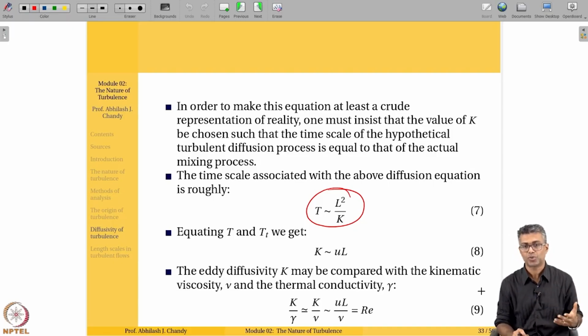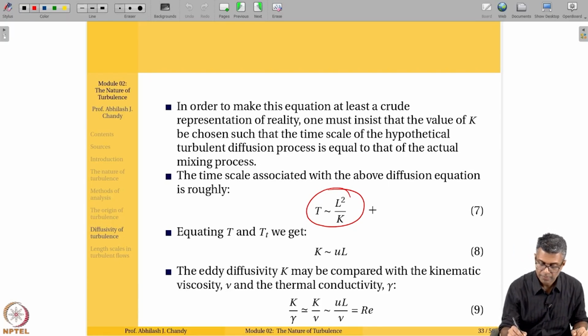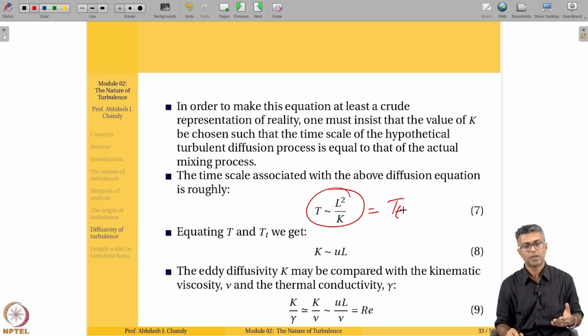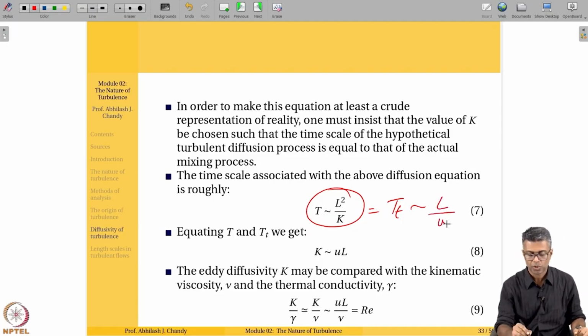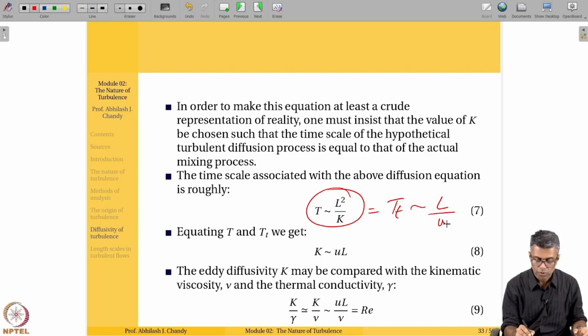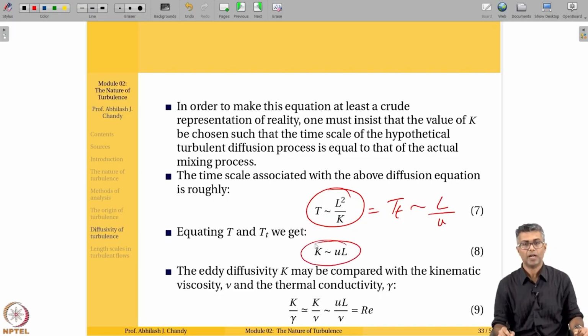Only then can you choose the value of K. So if you equate this to Tt, the turbulent time scale, you obviously get K to be equal to UL, because Tt is approximately equal to L over U. So L squared over K is equal to L over U, so K is approximately equal to UL. So that is your effective diffusivity. The RMS amplitude, like we had discussed earlier, multiplied by the characteristic length scale.